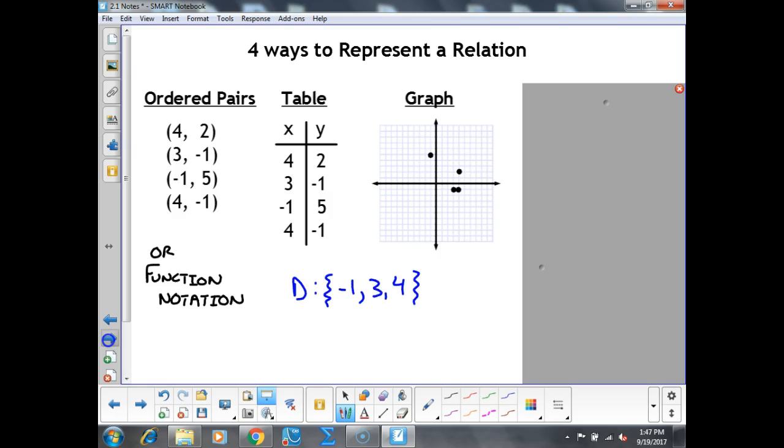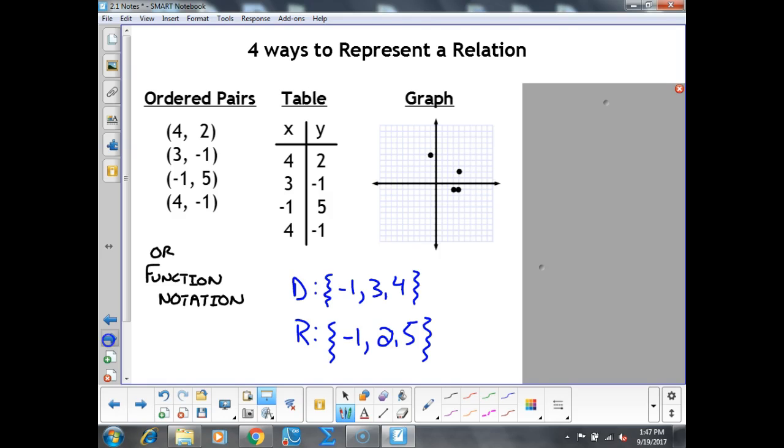Because I don't repeat numbers in my domain or in my range. So that's been the domain throughout all 3 of those representations. My range has been {-1, 2, and 5}. Again, I don't repeat the -1.